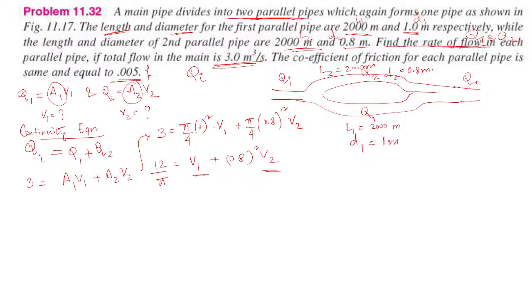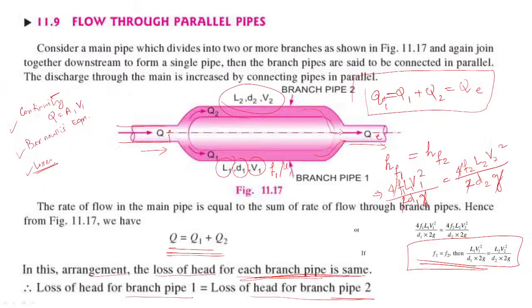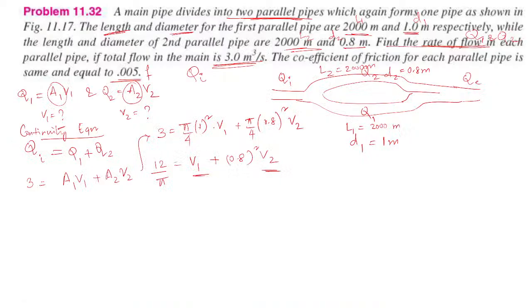As it is a problem where friction is stated, what we have seen in the previous statement is that if the pipes are parallel, the head losses are the same. So what are the head losses here?